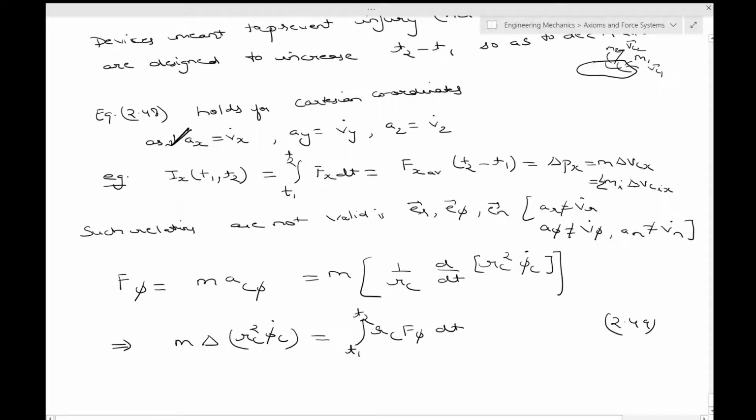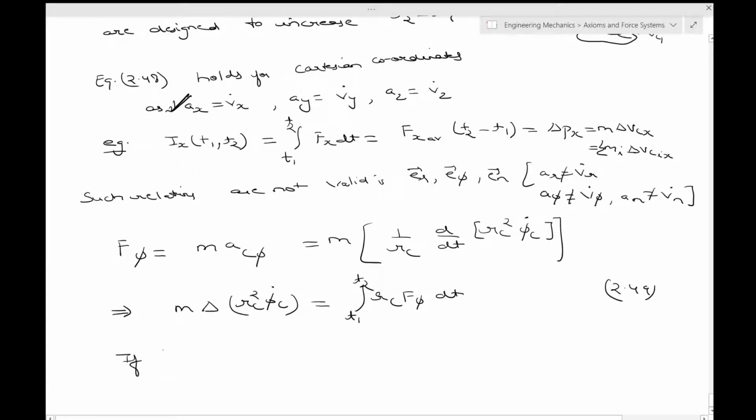Okay, now if F phi is 0, this would mean that the change in this RC square phi dot C will be equal to 0. This implies that RC square phi dot C is constant.